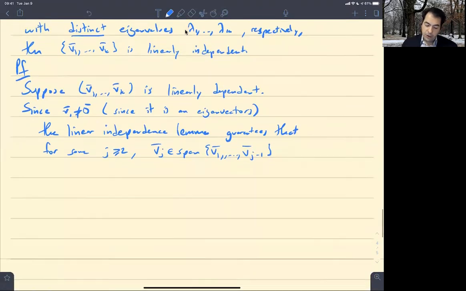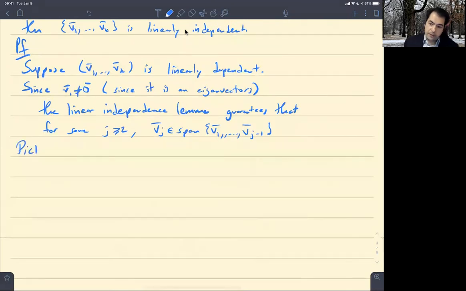So pick the smallest such j. The linear independence lemma tells us that there will be a vector that can be written as a linear combination of the previous ones. Well, if that happens, there has to be a first time it happens. So let's pick that j, the first time that happens.